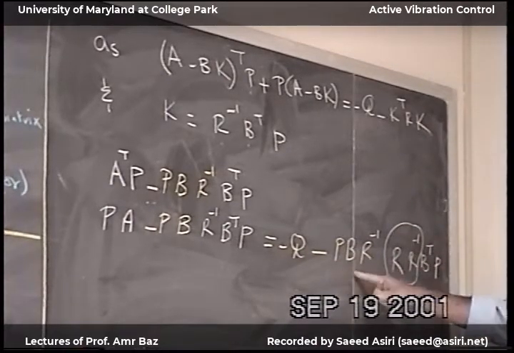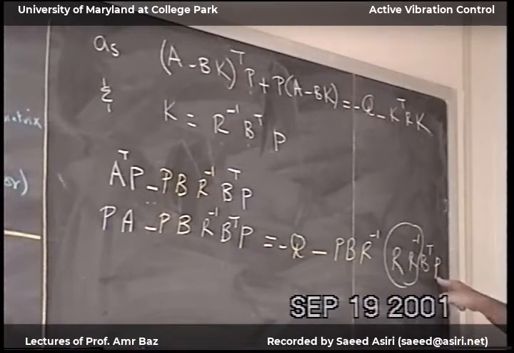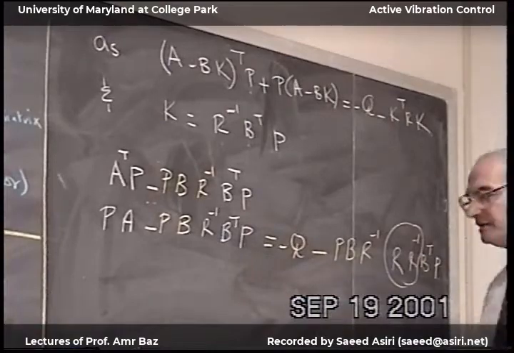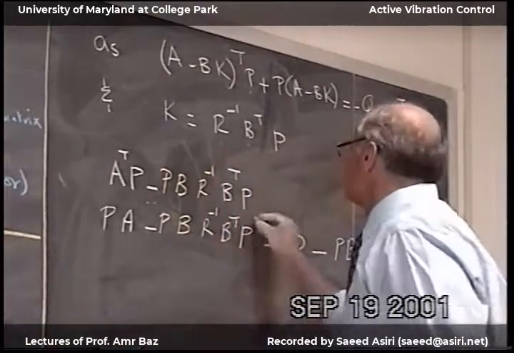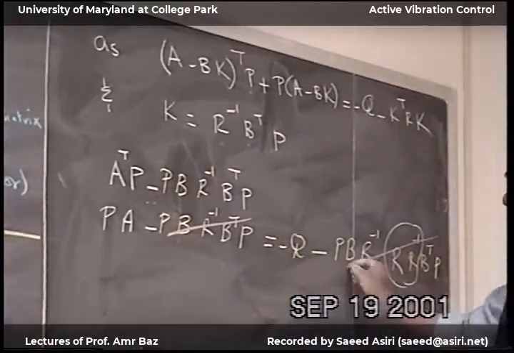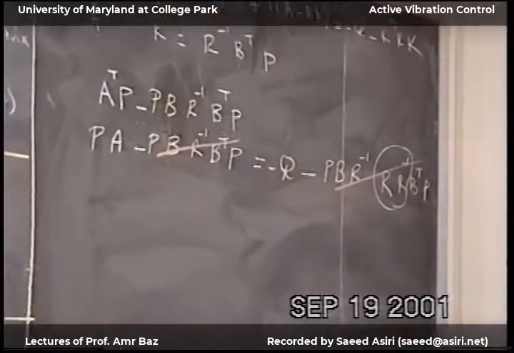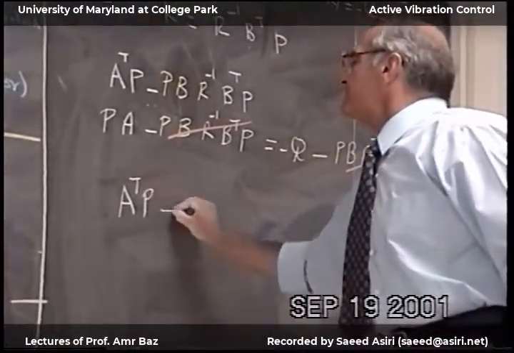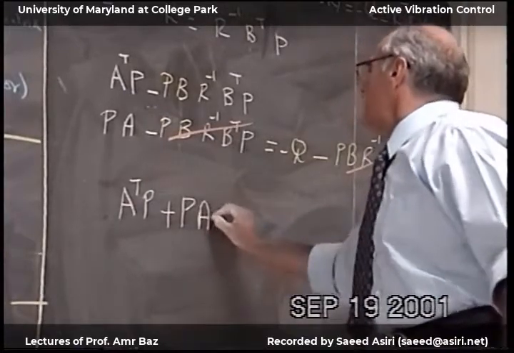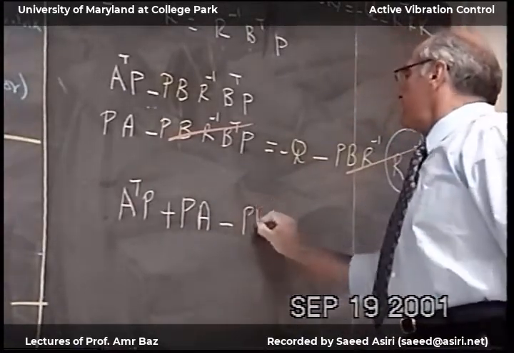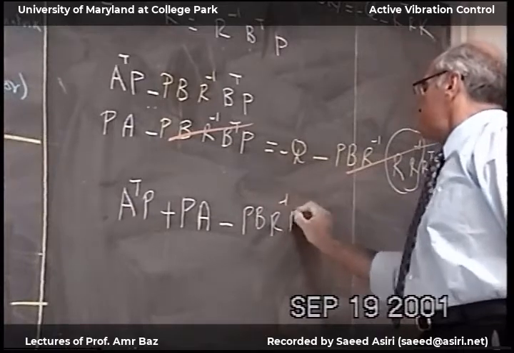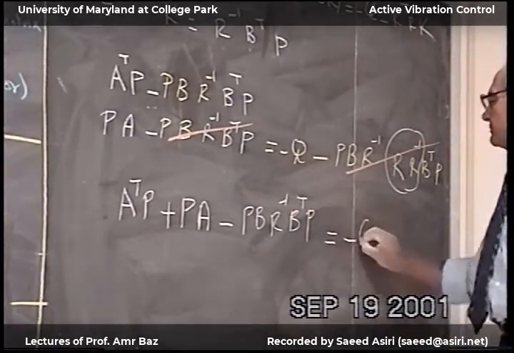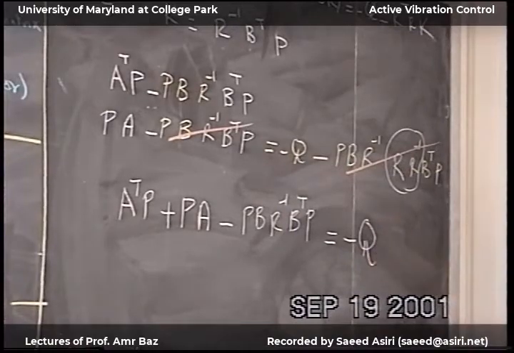We have P B R inverse B transpose P, which is equal to one of these. So I'm going to cancel one of these with this. Now we have a beautiful equation. The equation is A transpose P plus P A minus P B R inverse B transpose P is equal to minus Q.